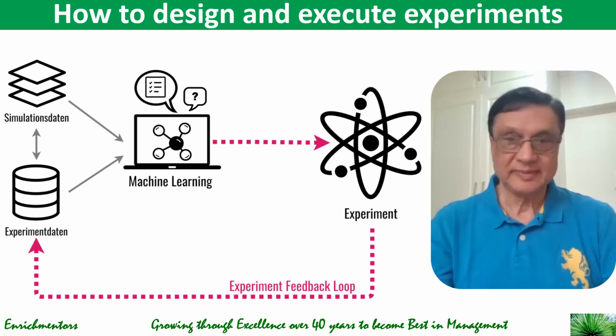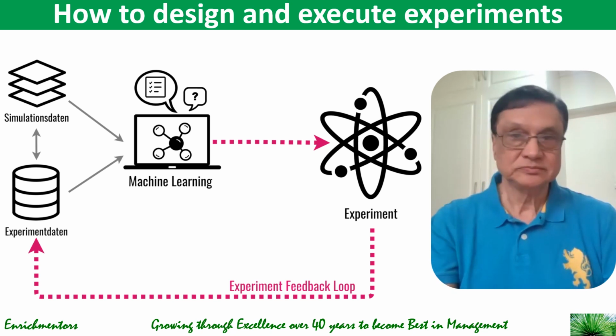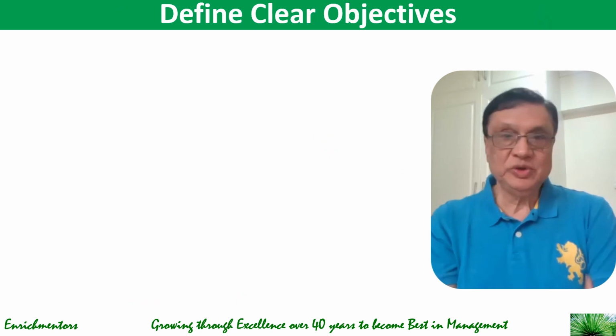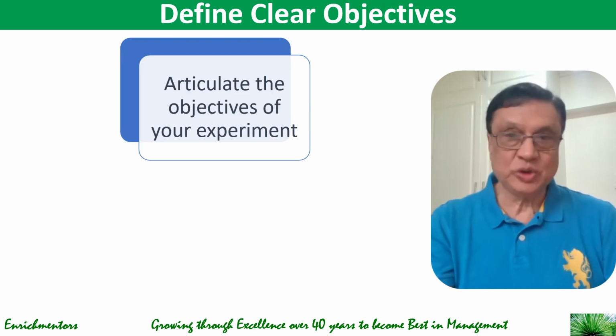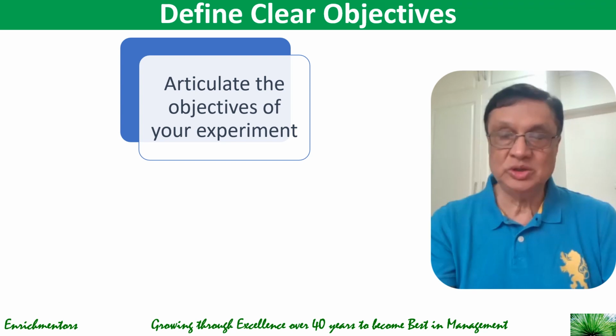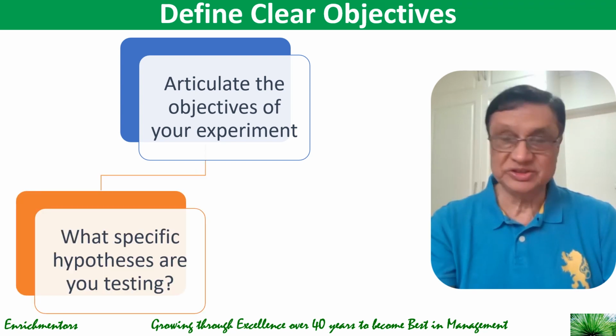Right? Ready? Great. So, you need to begin by clearly articulating the objectives of your experiments. And in that, there are two basic questions you need to answer. What specific hypothesis are you testing? What is it that you want to find to be true? That is your specific hypothesis.